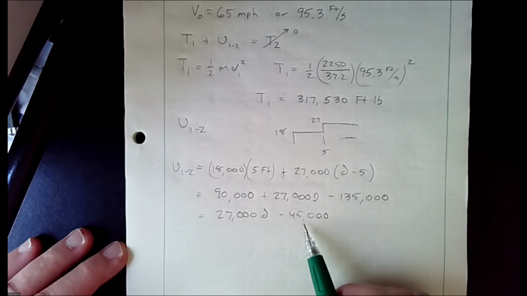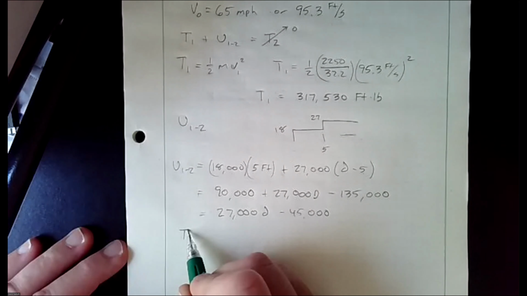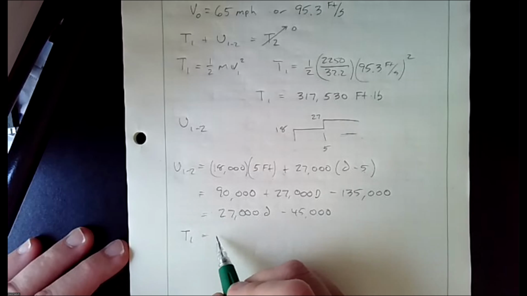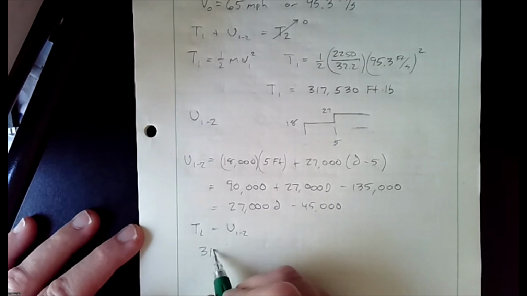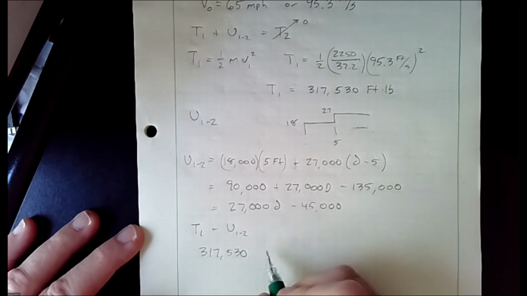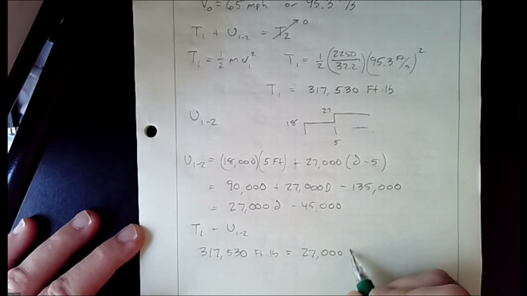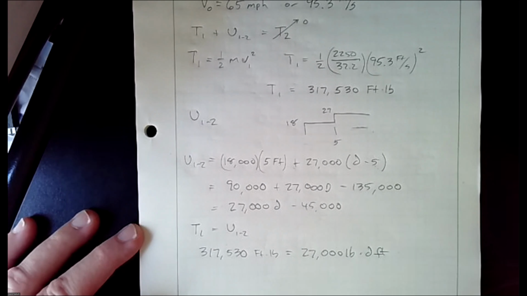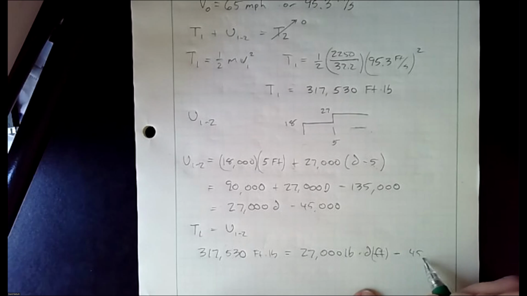So now we go in and we say T1 equals U1 to 2, or we can write it as 317,530 foot-pounds equals 27,000 pounds times d in feet minus 45,000 foot-pounds.